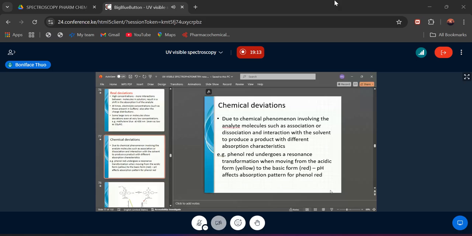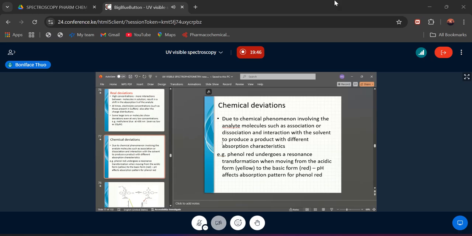If, for example, you have weak acids and you measure at different pH values, then the proportion of dissociated and undissociated molecules will be different, and those two species behave differently in light. You'll find that those two species have different absorptivities, and that will affect the measurements.